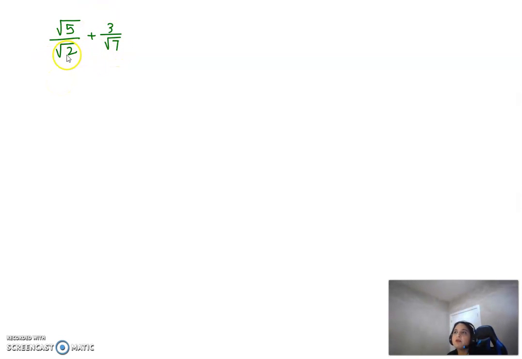Because remember, we have to try to find a lowest common denominator between these two denominators, which now are root 2 and root 7. So it would be nice if they were just simple whole numbers, like just a 2 or just a 7, then we can find their lowest common denominator. So we don't want to have the radicals in there.